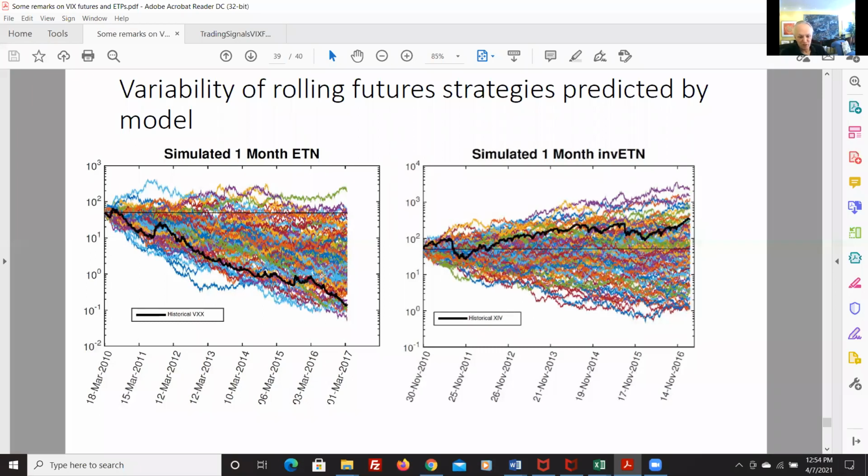And this is what, in the next paper, we're going to do: we're going to try to use our calibrated Markov model to actually trade VIX futures.